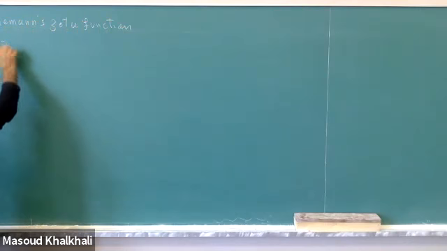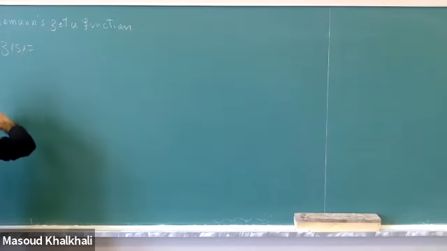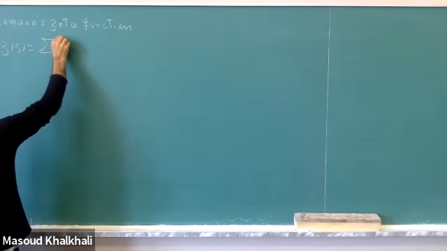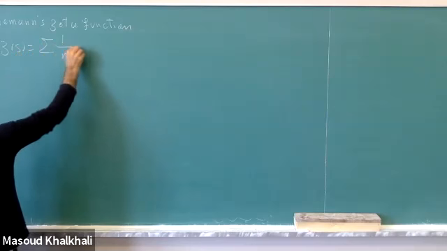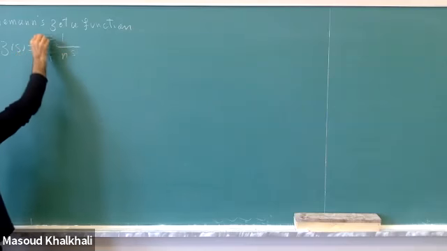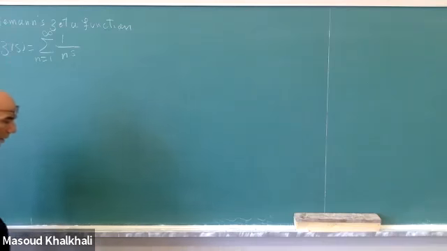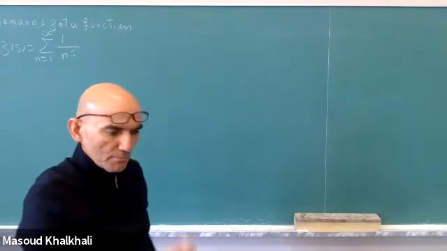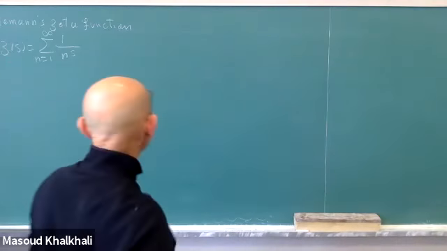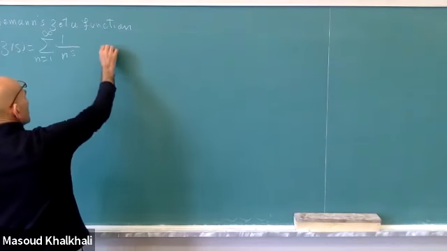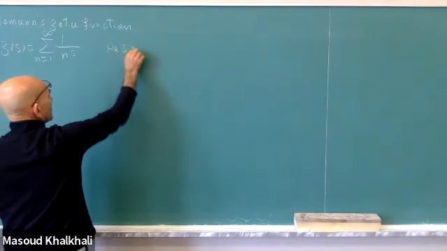Of course, zeta(s) is equal to the sum of 1 over n to the s. To do analytic continuation of this, it is first defined for real part of s bigger than 1.